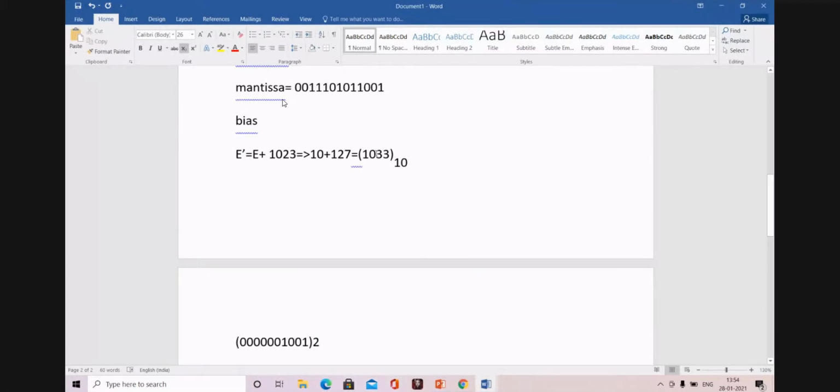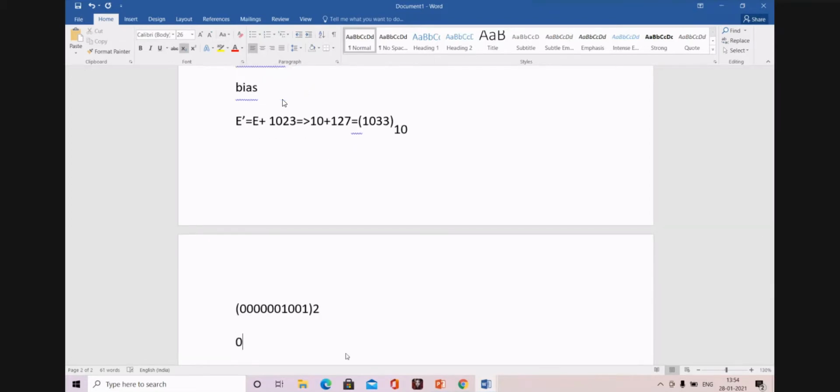The mantissa will remain the same. So how will you represent it? 0 is your sign, then the 11-bit exponent ending in 1001, and then your mantissa, what was the mantissa? 0 0 1 1 1 0 1 0 1 1 0 0 1 0 0 0 0. It will continue till 52 bits.